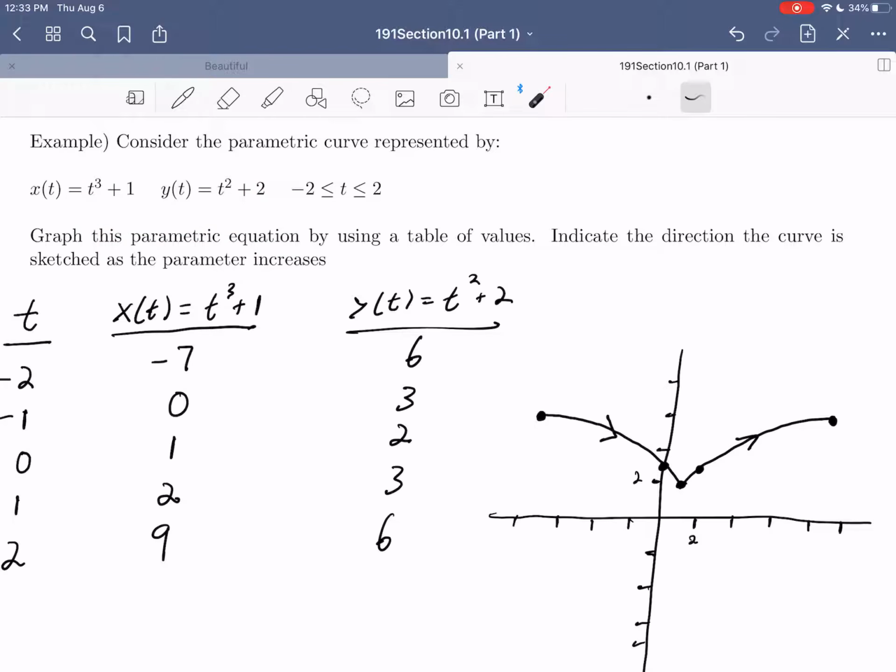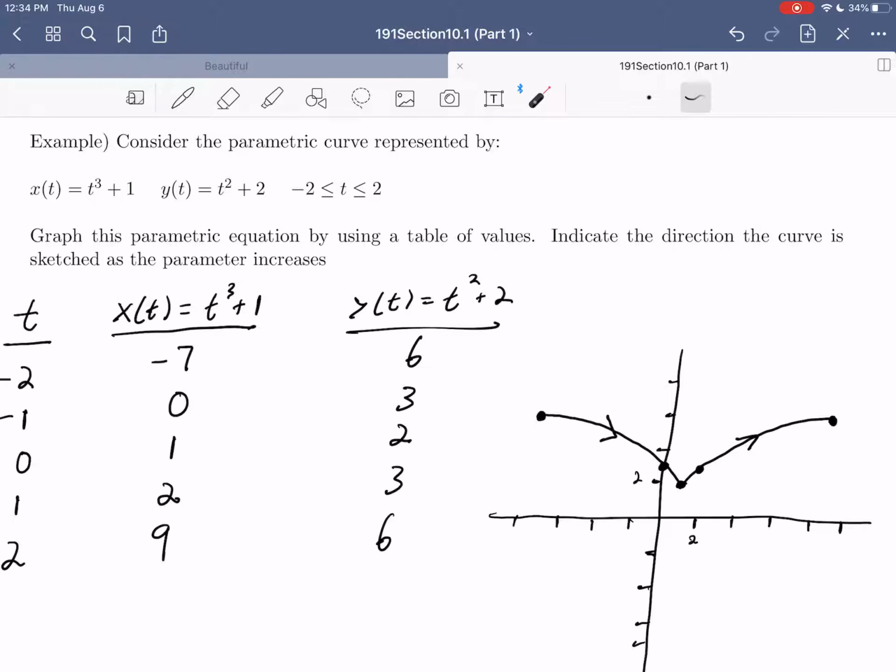A third use of parametric curves sometimes is to parameterize a particular piece of a standard function. And just to give us a little practice with that, and also to give you a little more practice with the idea of removing a parameter, just in case we do encounter that, we're going to do a quick set of examples where each of the parameterizations is going to give us a specific piece of a standard graph.